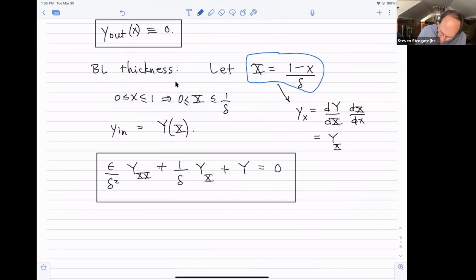I get times negative 1 over delta. And so that has the effect of causing that term to be positive.